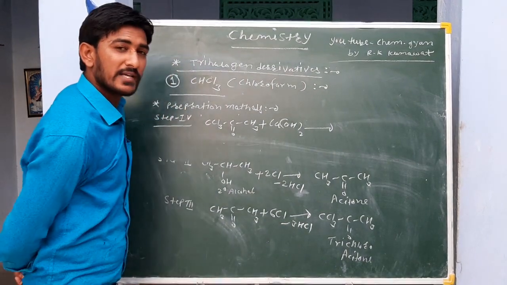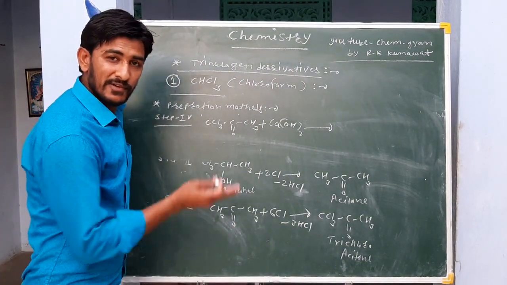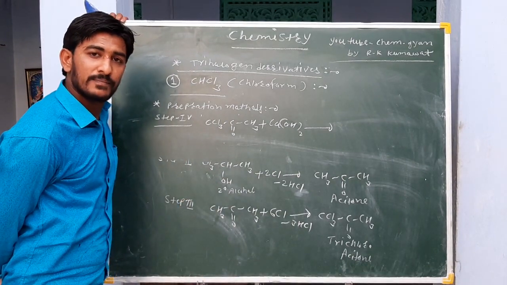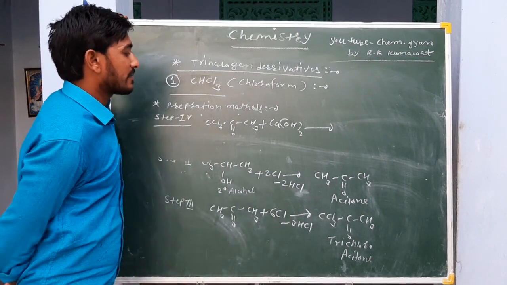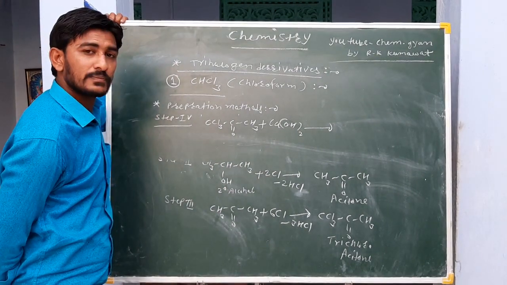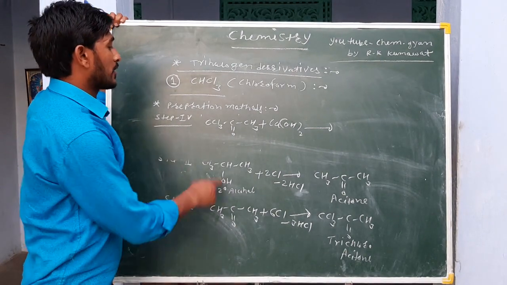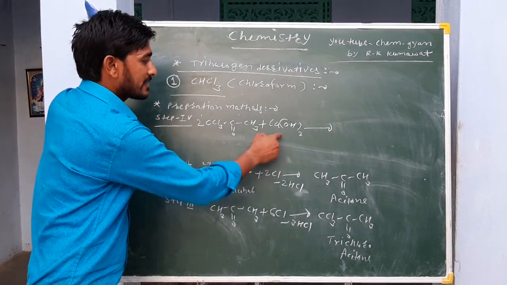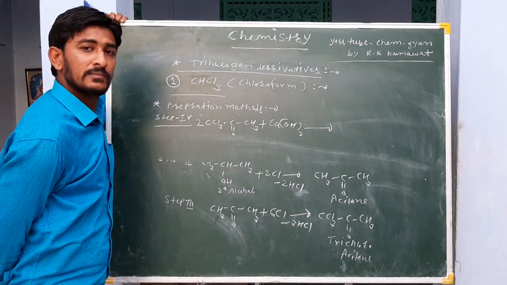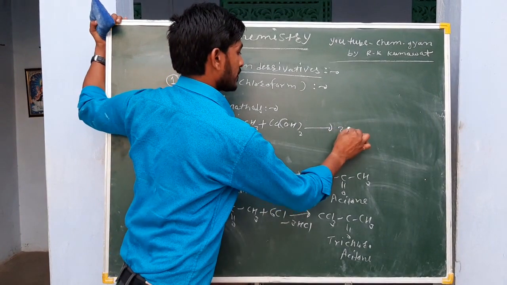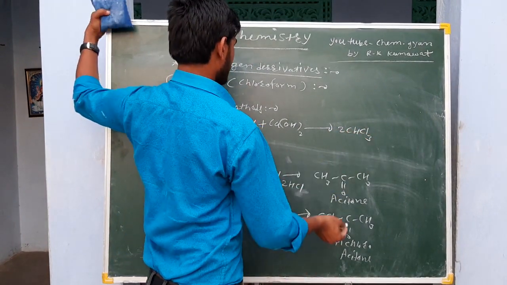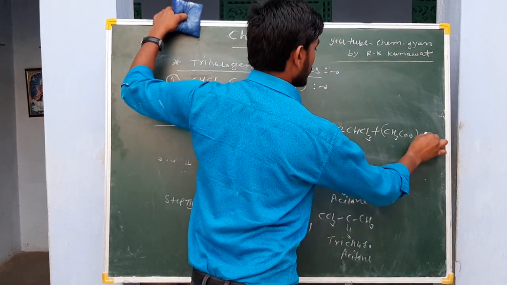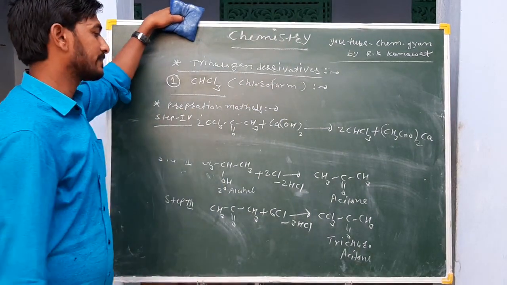We know that the calcium hydroxide molecule formed in the first step is used in step number 4. 2 molecules of trichloroacetone react with a calcium hydroxide molecule, and the product formed is 2 chloroform molecules and a calcium acetate molecule.